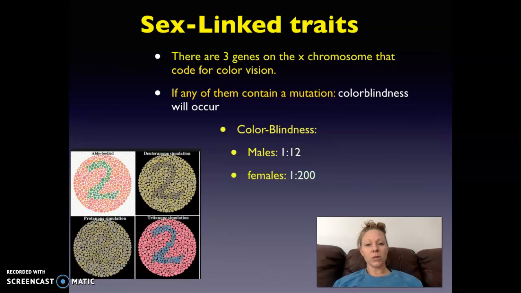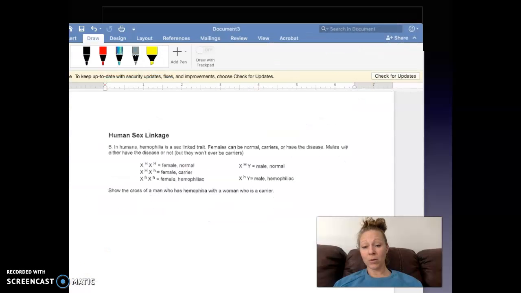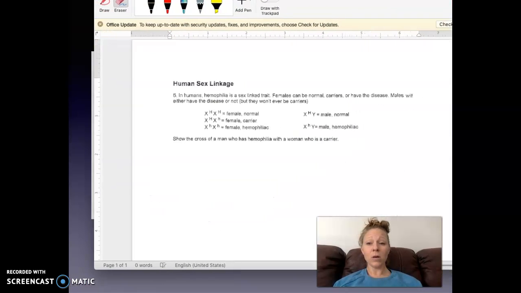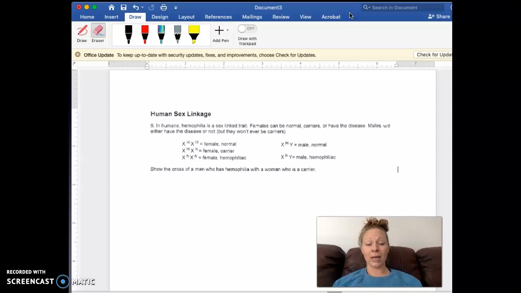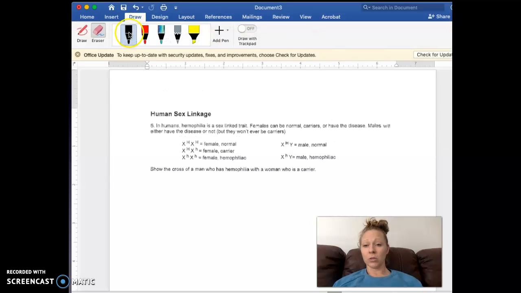And so this is going to affect how we do some Punnett squares. In our next class, you're going to have homework where you're going to work some Punnett squares for sex-linked traits. So first, I'm going to show you how to do a Punnett square for a sex-linked trait. If we're in a Word document, what I want you to do is click Draw.